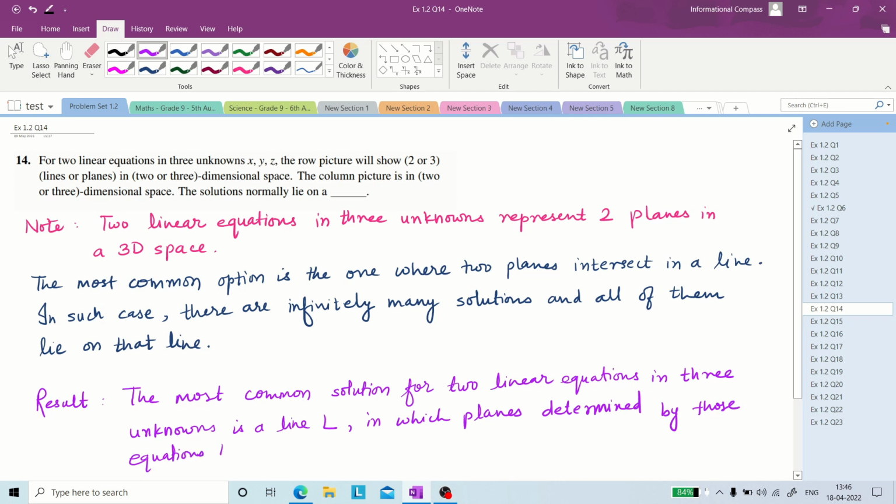So, in which the planes intersect. Clear? I hope we are clear with this.